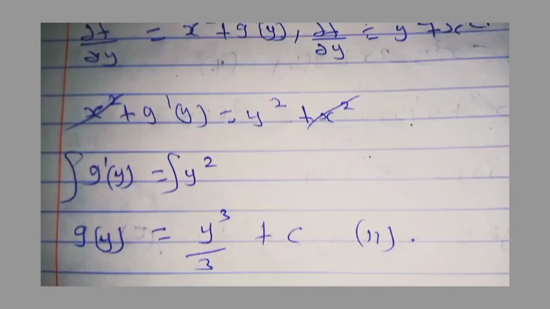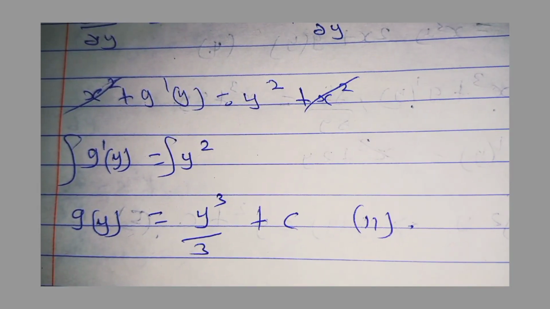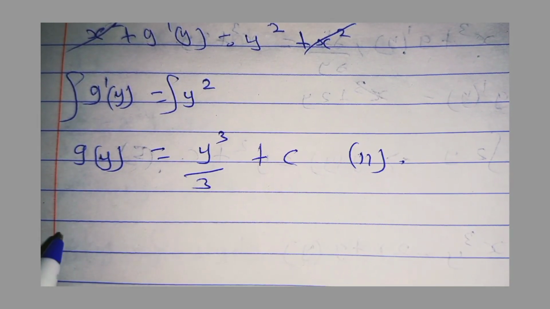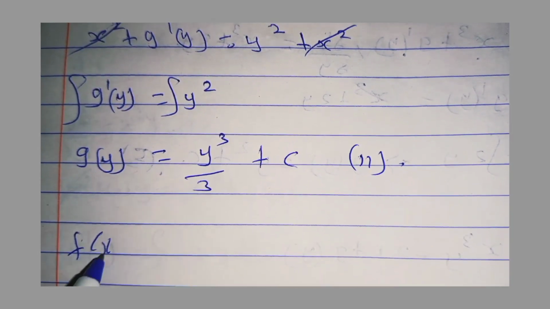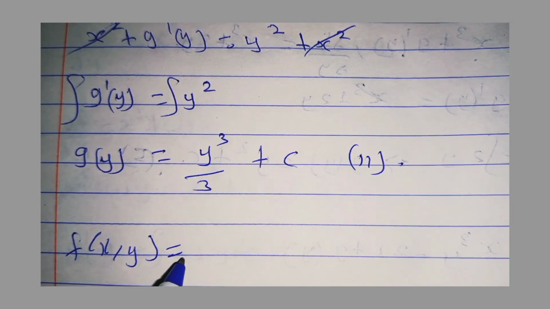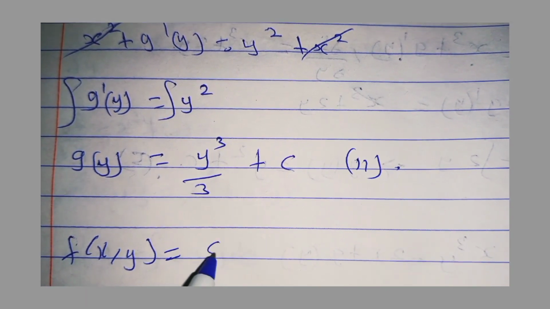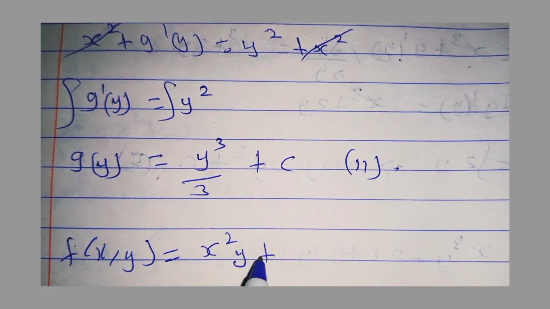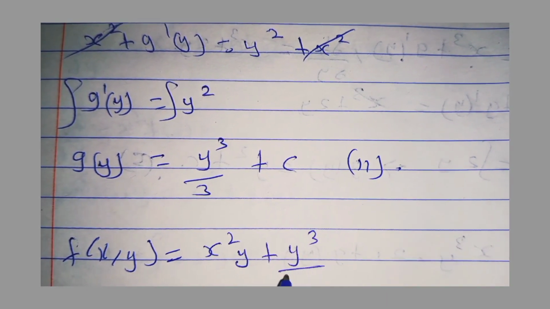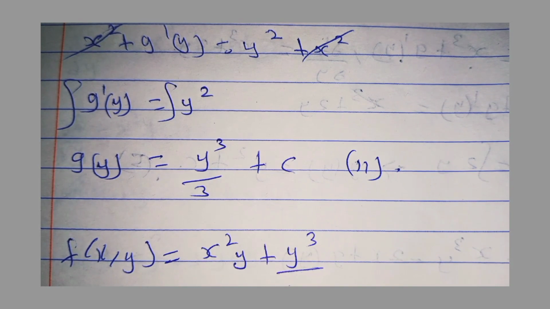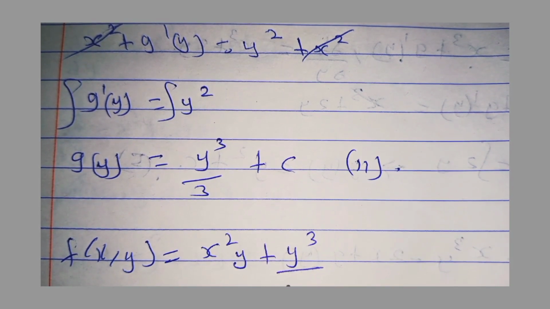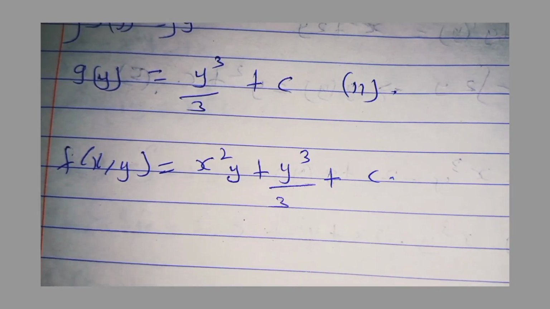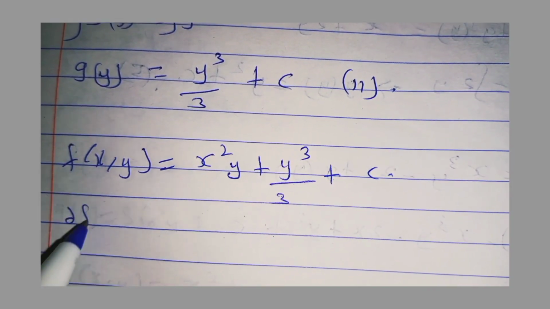Then you substitute equation 2 in our equation 1 to obtain our solution, which will be given as f of x,y is equal to x squared y plus y cubed over 3 plus constant c. And if you want to check, you can find the partial of f with respect to x.